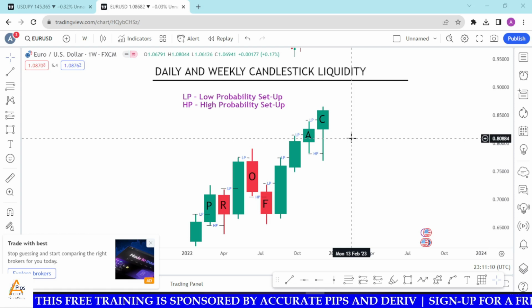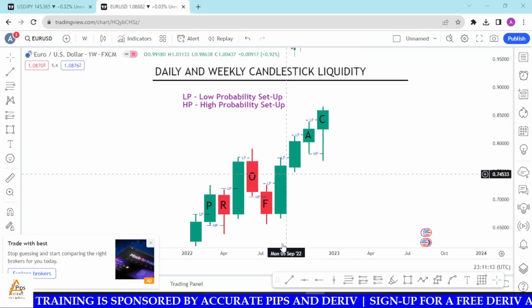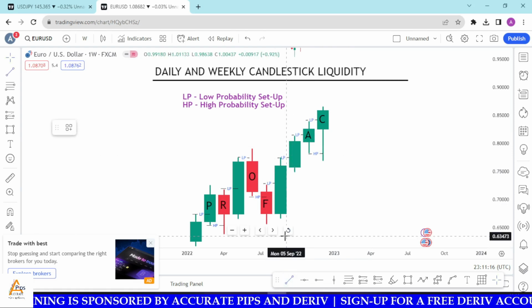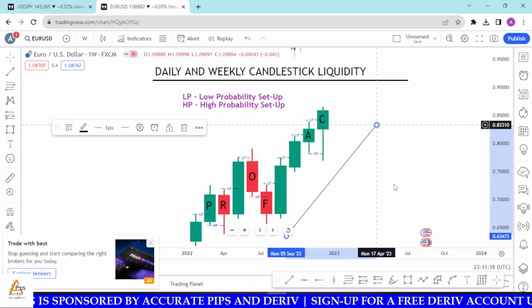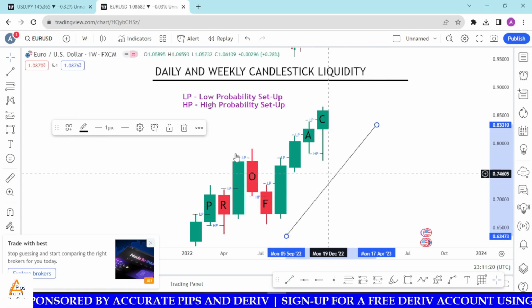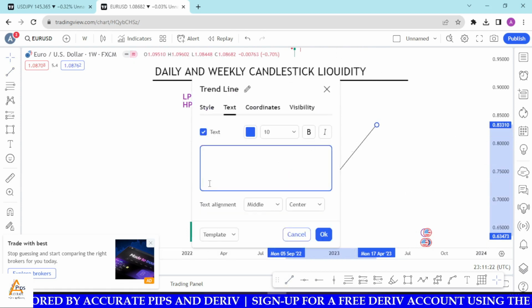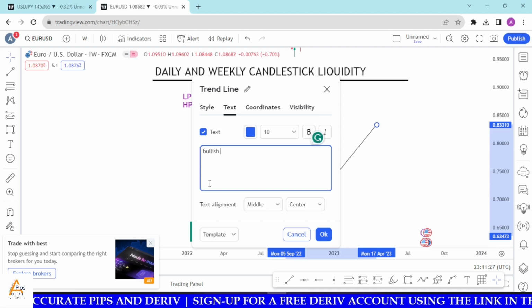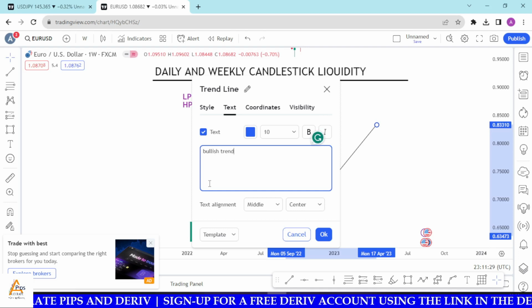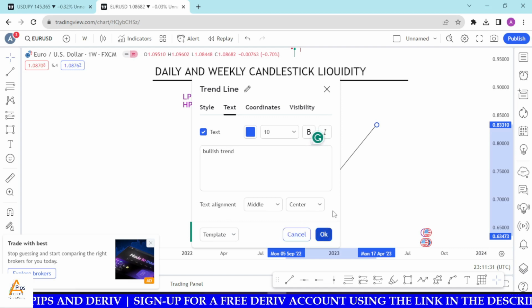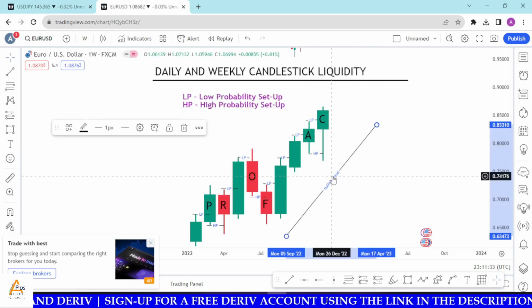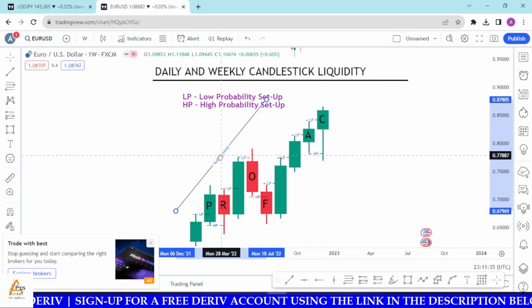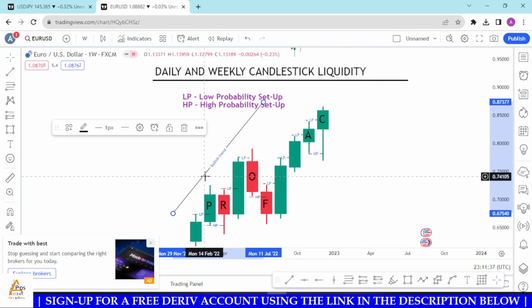All right, guys, when you look at this illustration here, you can see that we are in a bullish trend. This shows that we are moving upwards. Bullish means we are going up.